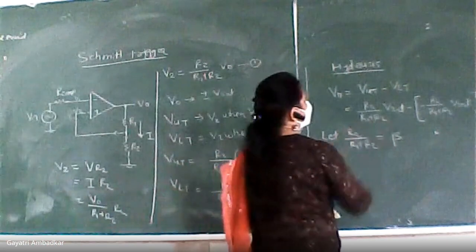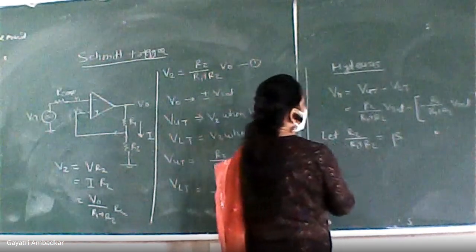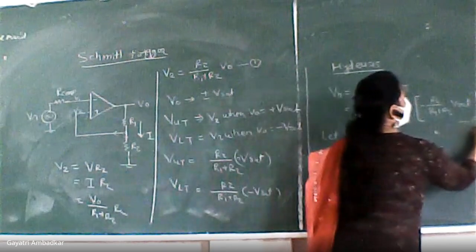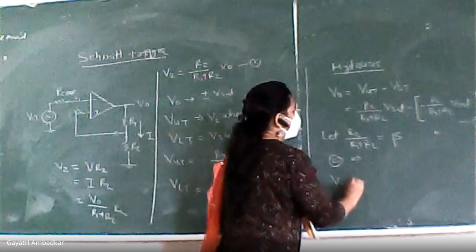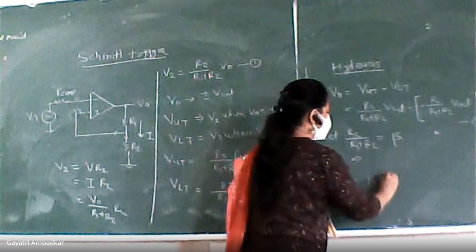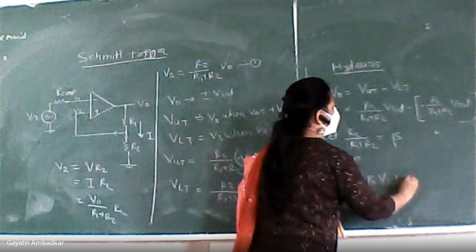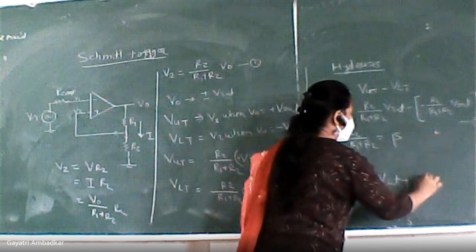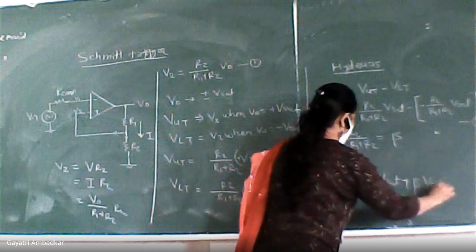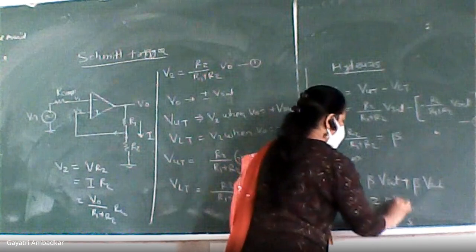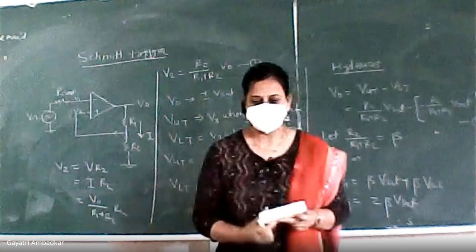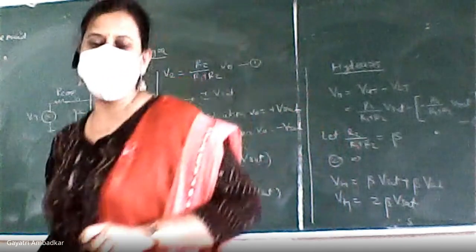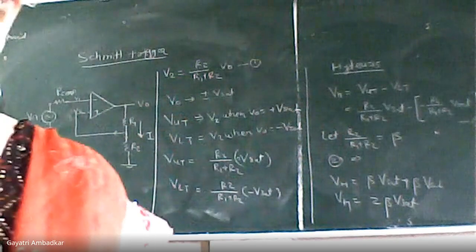Therefore, let this equation be 2. My equation 2 will become VH is equal to beta times VSAT plus beta times VSAT, 2 beta times VSAT. What I got? VH is equal to 2 times beta into VSAT.